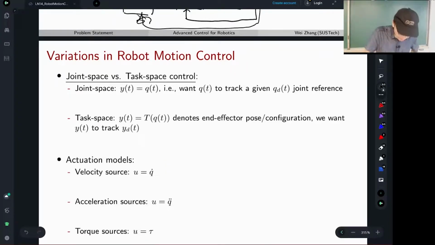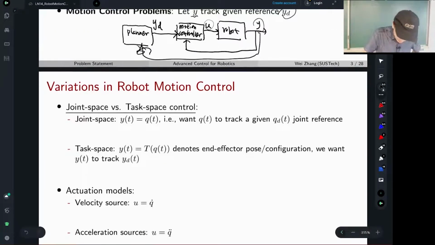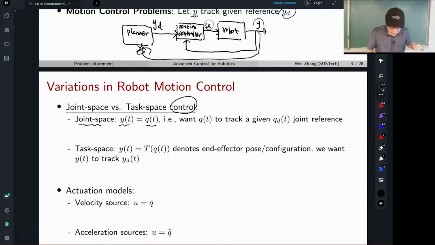The first one is Y could be joint space control, in the sense that my Y is just my joint variable. In other words, I want my joint variable to track a given joint reference.